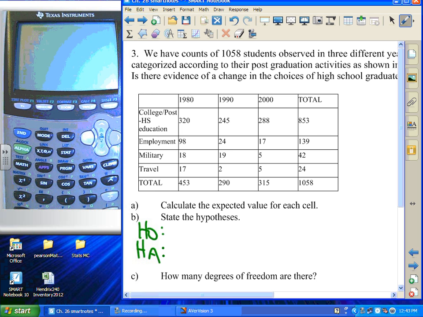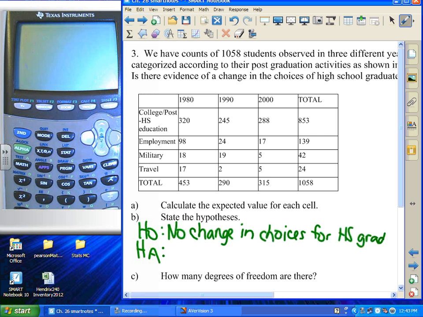So the null is that there is no change, or they're the same. No change in choices for high school grads. And then the alternative would be that there is a change.